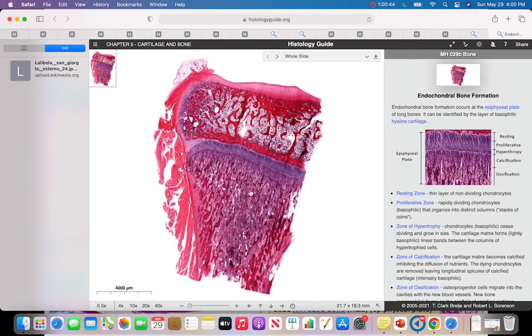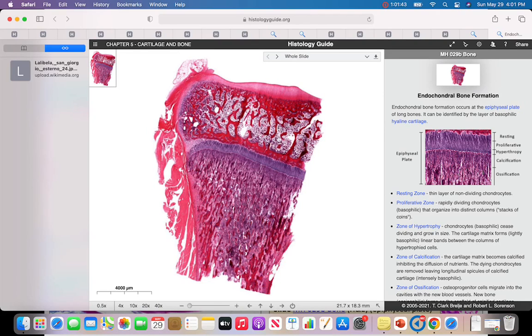So this is a section of long bone. This is the epiphysis and this is the diaphysis. Developmentally, first we have a cartilage model, and the first site of ossification is the diaphysis. So the primary ossification center was at the diaphysis, and the secondary ossification center was at the epiphysis.